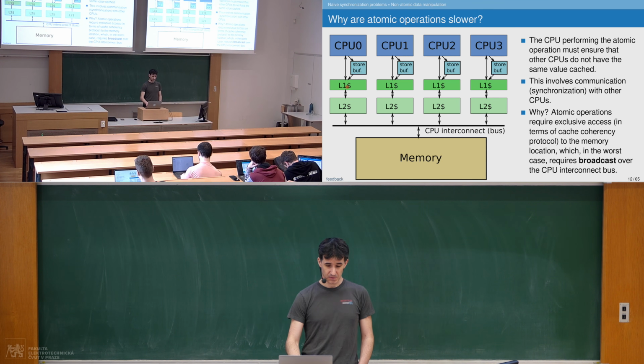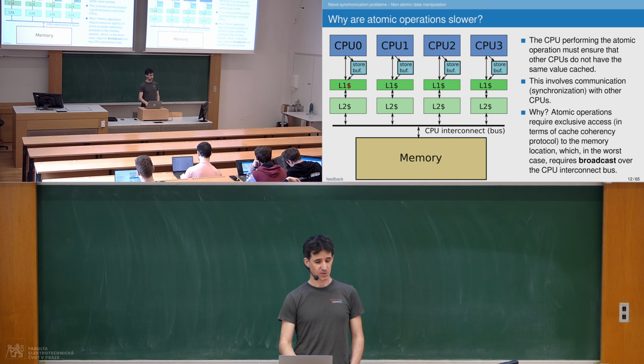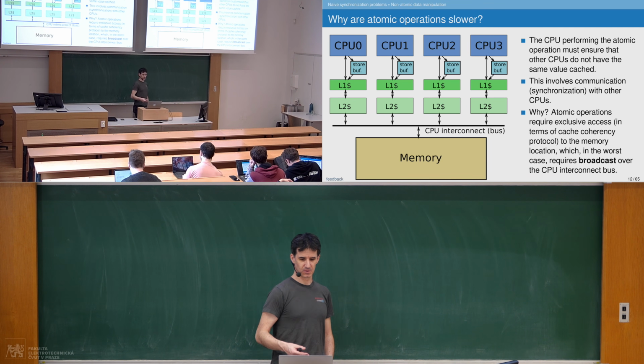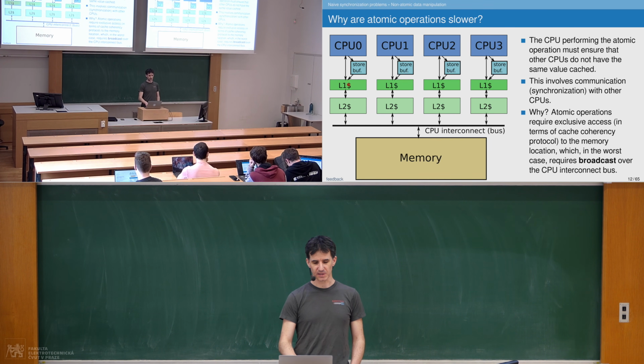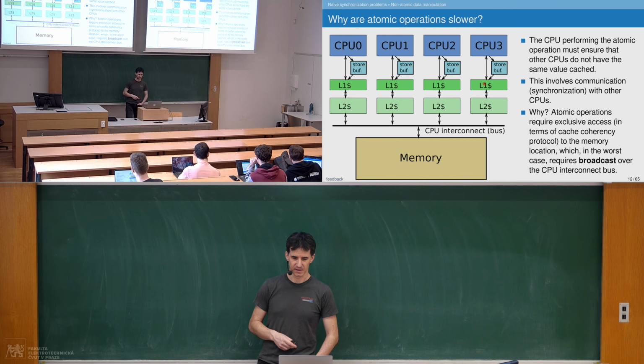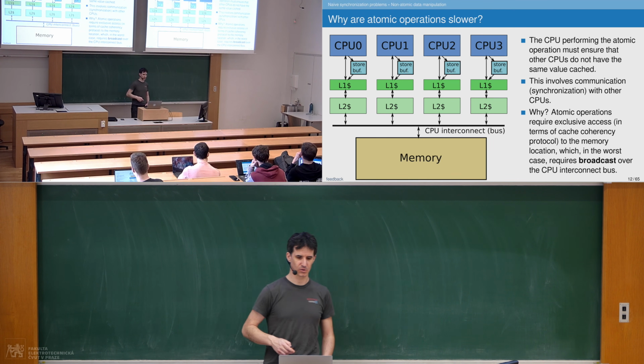But if the same data is not exclusive in the cache of just one CPU, maybe it's shared between multiple caches, or it's not present in this cache at all, there is this communication, broadcasting, and so on, and things get slower.